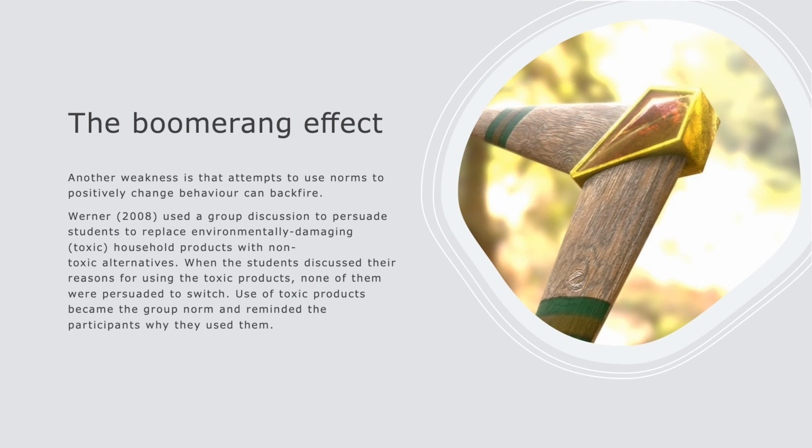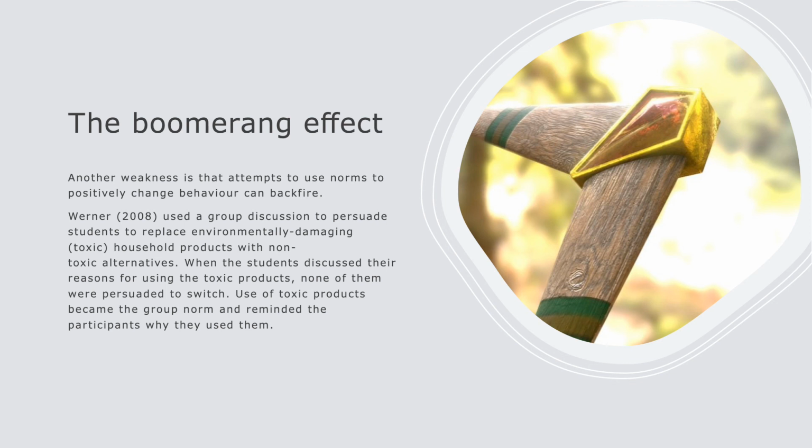And students started discussing this, and what happened is that none of them were actually persuaded to switch. Actually discussing why they use certain household products persuaded them to use them more. And this use of toxic products became the norm, the group norm, and reminded participants why they used them.